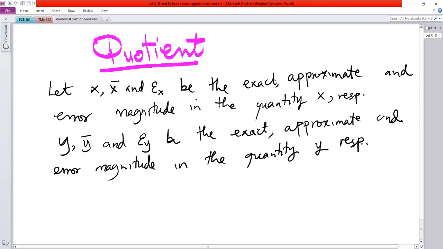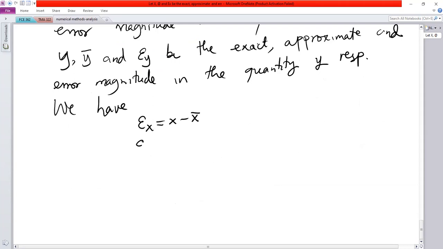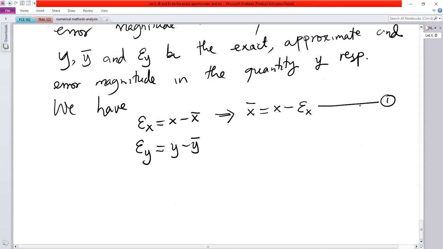So now, from the definition of error, when we have exact and approximate values, this implies that the error in x is x minus x-bar, while the error in y is y minus y-bar. Now, this implies that x-bar is x minus error in x. Call this equation 1.